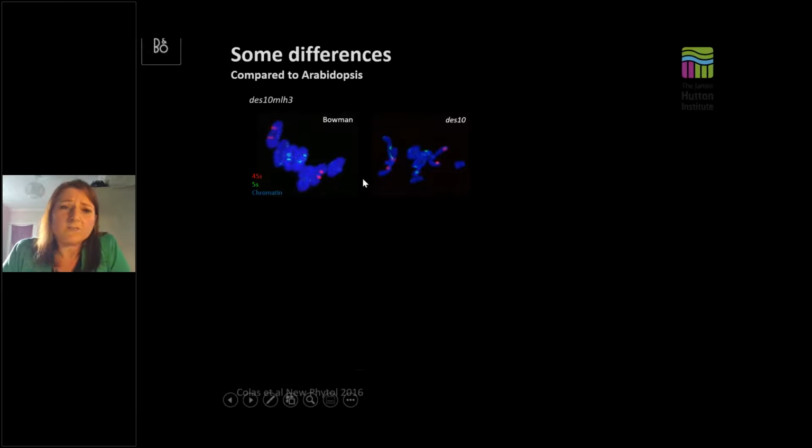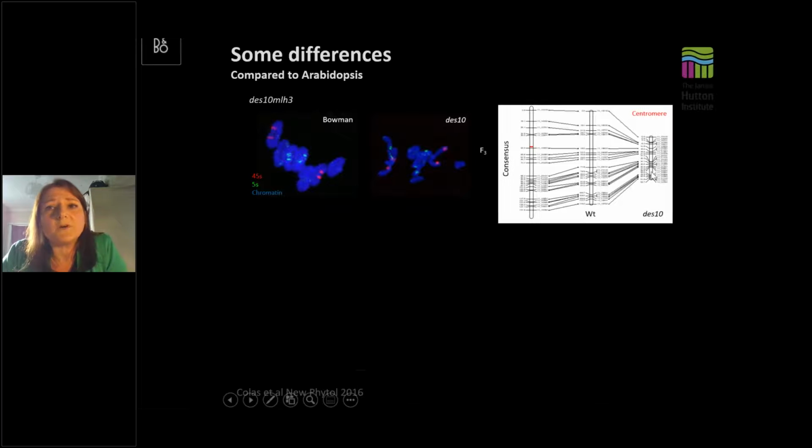In Arabidopsis, it's been shown that you only have 60% of the recombination happening, and it's quite random. And it's also what is happening in barley. So you also have only about 60% of the recombination remaining, and only 1 in 3 crossovers repaired in a random manner.